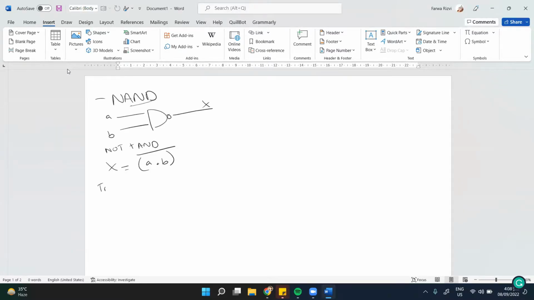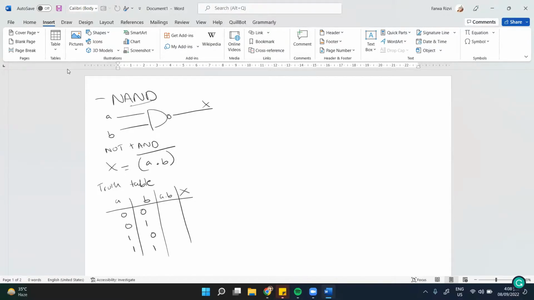Now let's make the truth table. You have two inputs here, A and B, and X, the output. I'll make one more column so it's easier to find the X value, so four columns. For A the inputs are 0, 0, 1, 1, and for B they are 0, 1, 0, 1.